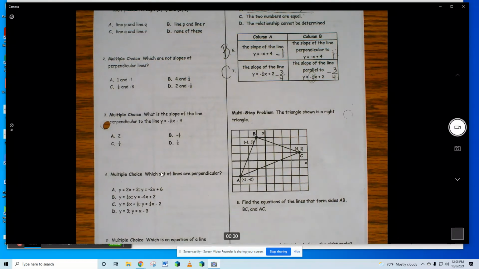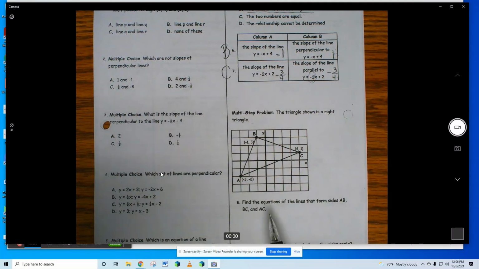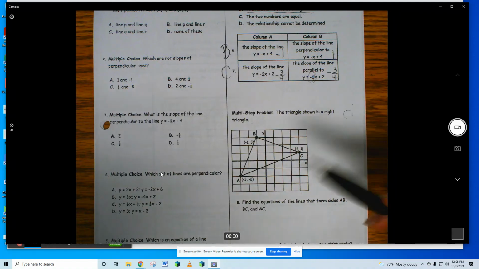Number 8 is tricky. Let me see what I did for it. You have a triangle. We need to find the equations of the lines that form AB. You're given 2 points.